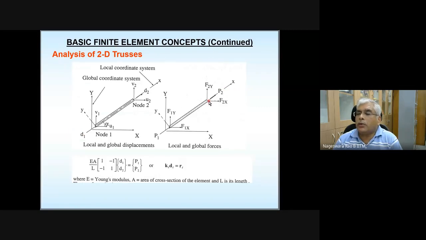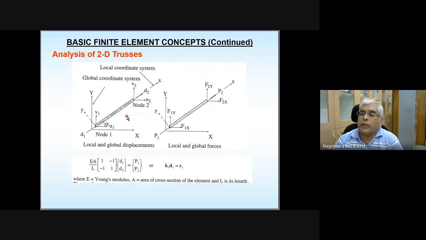Displacement at node 2 in the axis of the bar is d2. But please note that this bar is inclined. In this figure, displacements are shown. In this figure, forces are shown. The first figure shows the displacement. The second figure shows the forces.